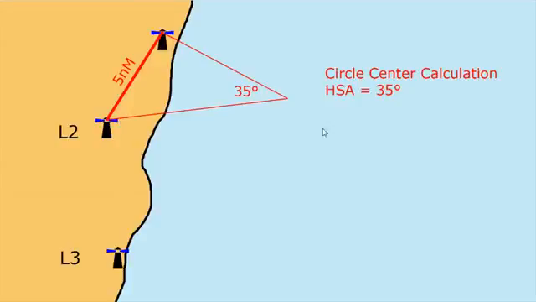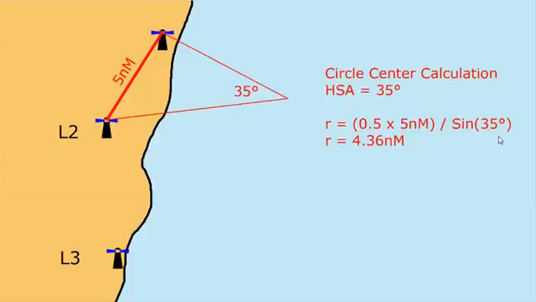We can calculate the arc of positions that we are likely to set by using this formula, that the radius of a circle containing all of these positions is 0.5 times the distance between the two lighthouses, in this case 5 nautical miles, divided by the sine of the horizontal sextant angle, in this case 35 degrees.